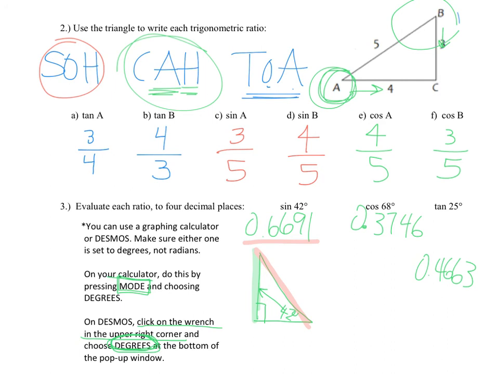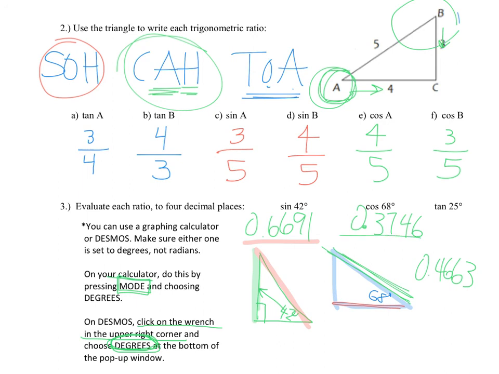And then just to remind you what the second one is saying, if I just sketch another triangle here, let's say I have a triangle that looks like this, and let's say that this angle is 68 degrees, then the cosine, which is the adjacent, so it's saying the ratio of this side over this side for any right triangle with a 68-degree angle, that ratio for any triangle like that would be 0.3746.